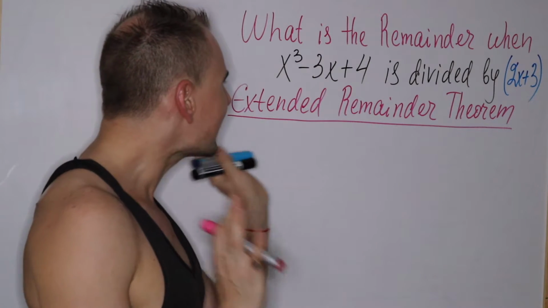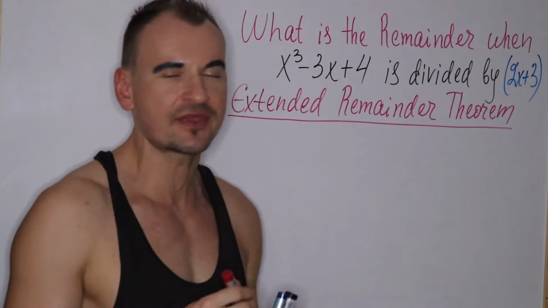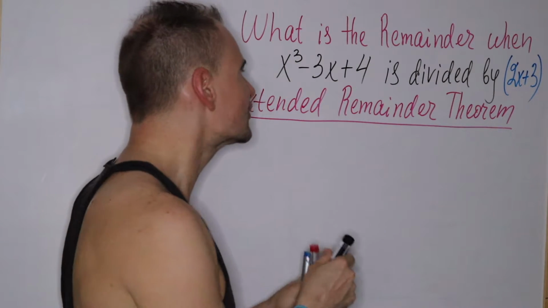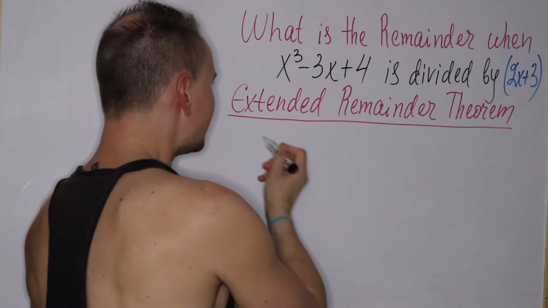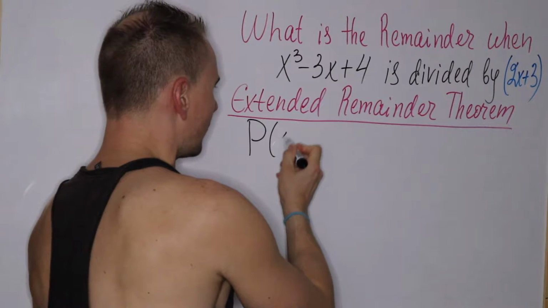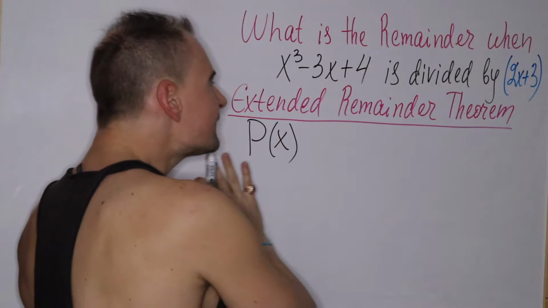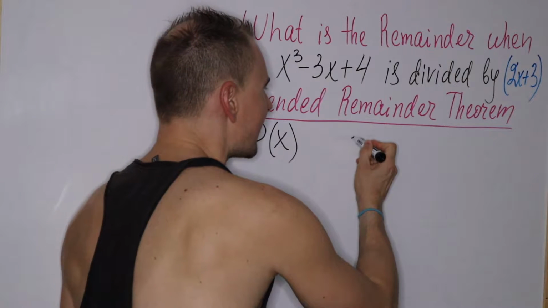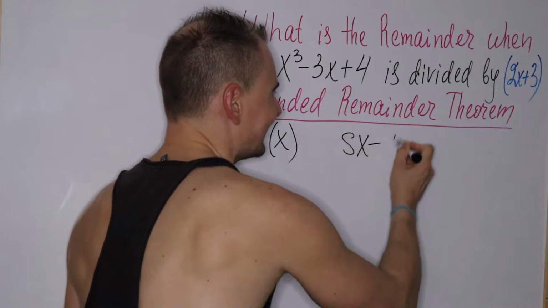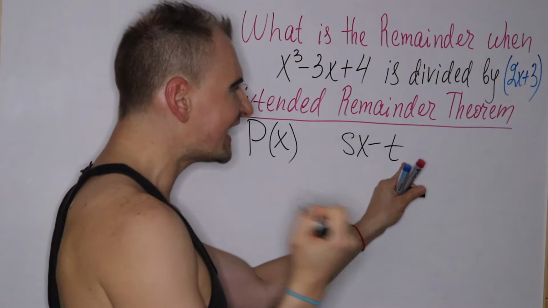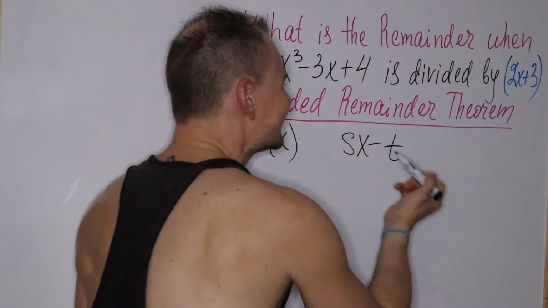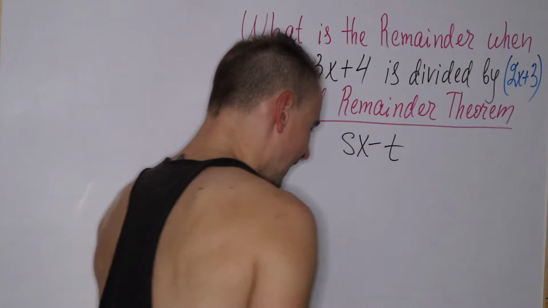Now, what does the extended remainder theorem basically say? It states that if you are given any polynomial, let's call it p of x, and if this polynomial is divided by a monomial sx minus t, then the remainder can be found by taking t over s.